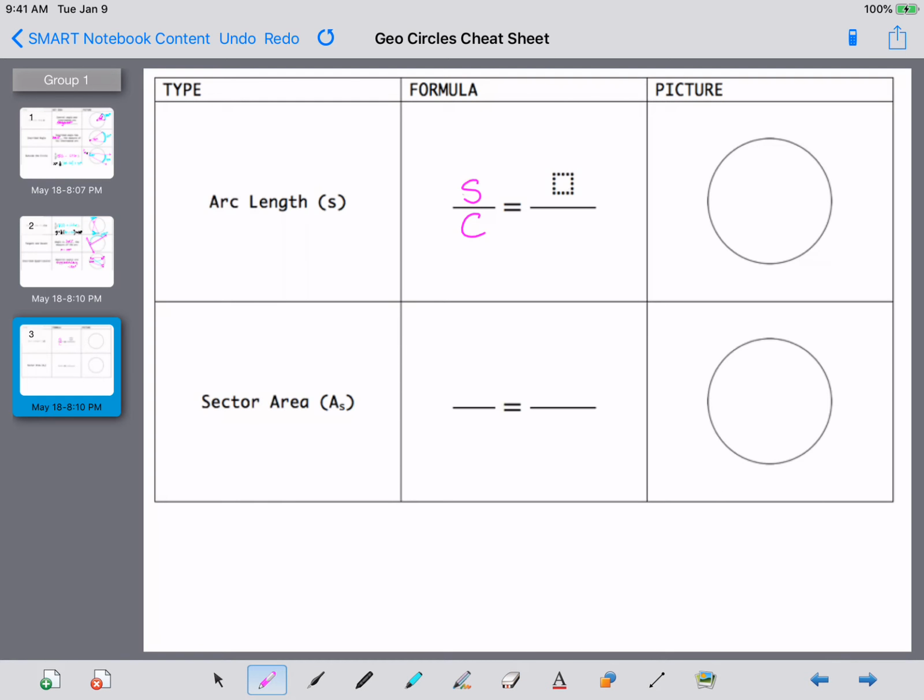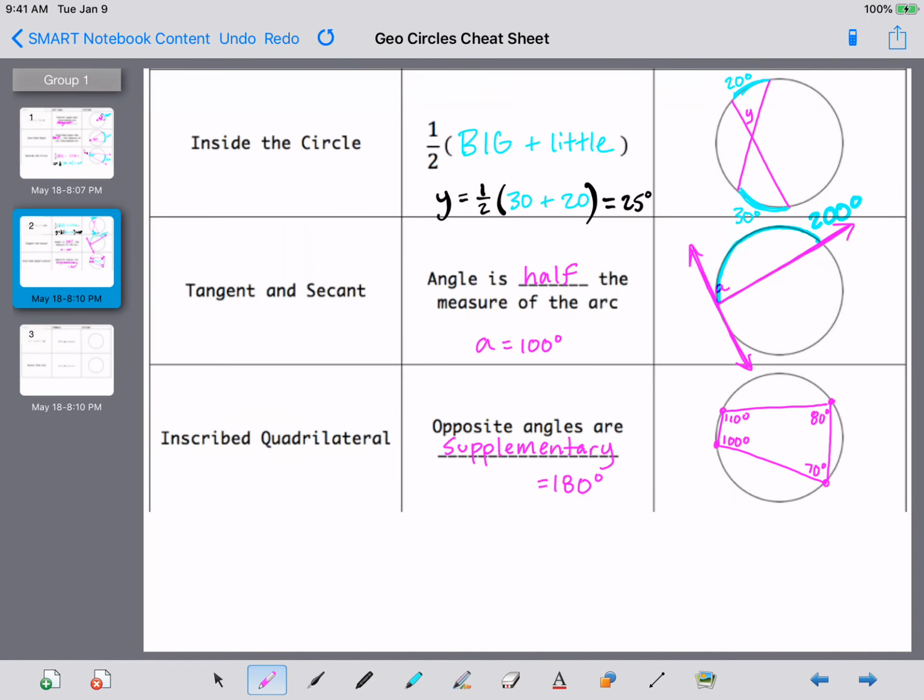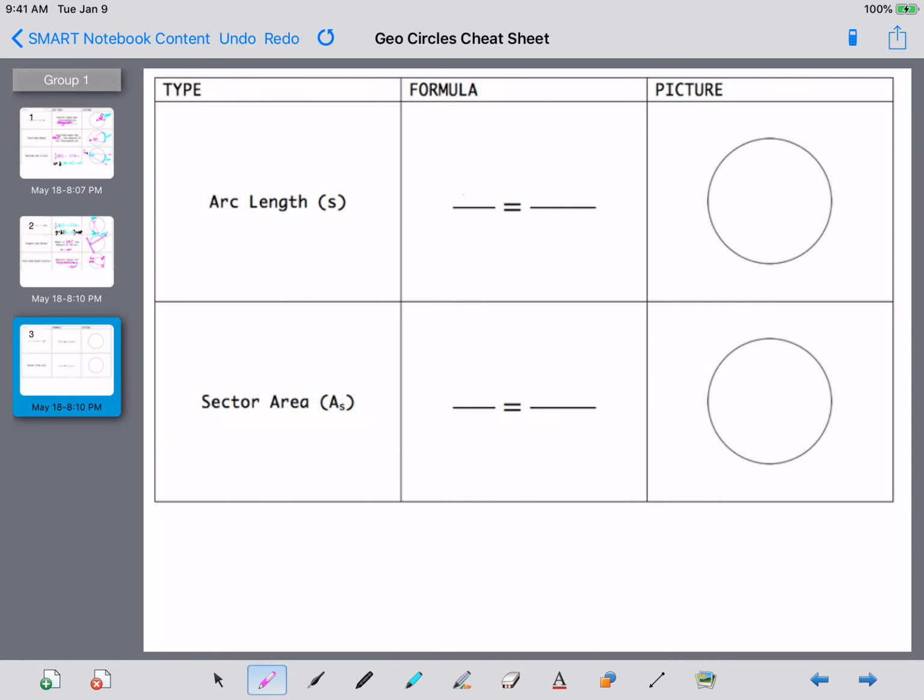So arc length over circumference is equal to theta, remember the angle, over 360 degrees. And circumference can be calculated by taking 2 pi times the radius.